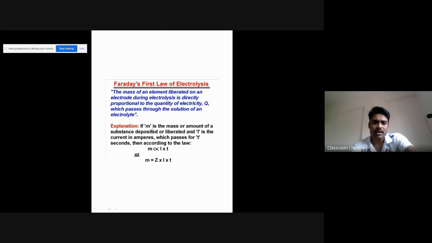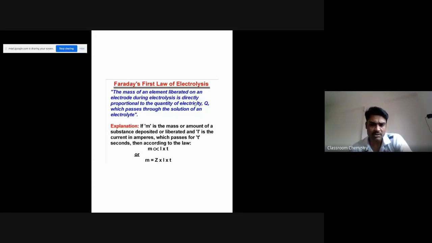For this we take a simple example. If small m is the mass of substance deposited or liberated and I is the current in amperes which passes for time t seconds, then according to the first law of electrolysis given by Faraday, we make a simple relation: M is directly proportional to the current I and time t, that is, M is directly proportional to I into t.